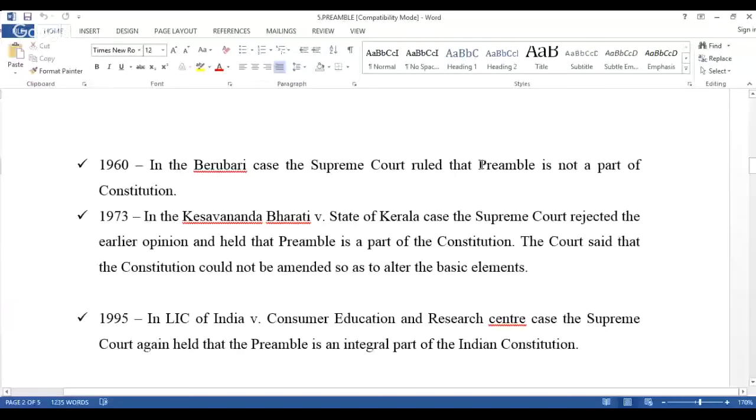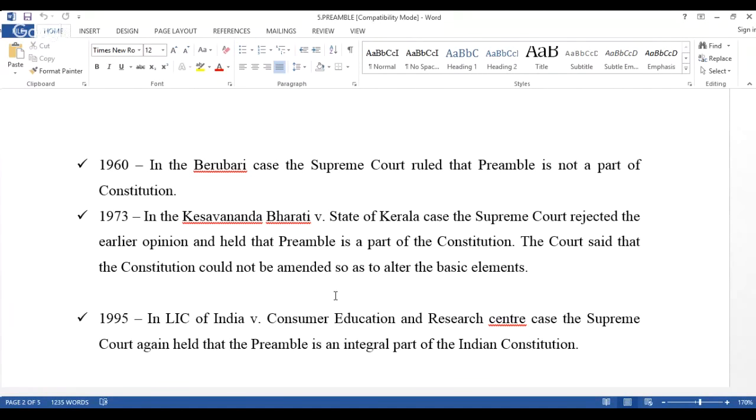Now, please have a look at this. So, in the year 1973, in the Keshavananda Bharati case, first look at the first one, 1960, in the Berubari case, the Supreme Court ruled that the preamble is not a part of the Constitution. But in 1973, in the Keshavananda Bharati versus State of Kerala case, the Supreme Court rejected the earlier opinion and held that preamble is a part of the Constitution.